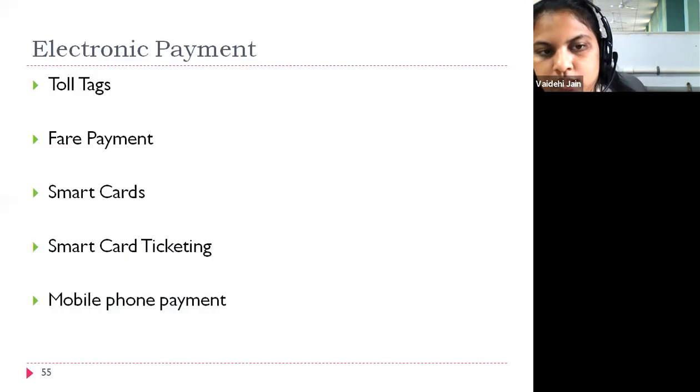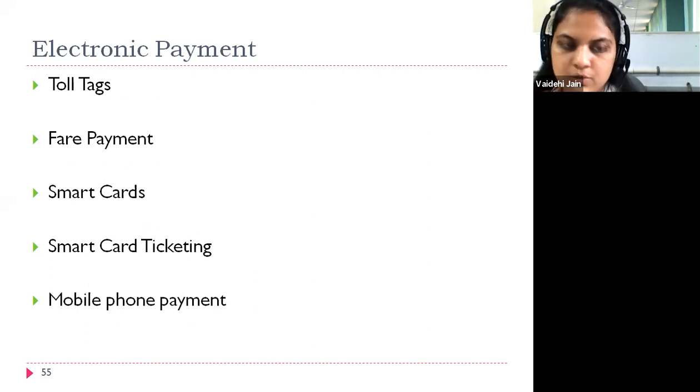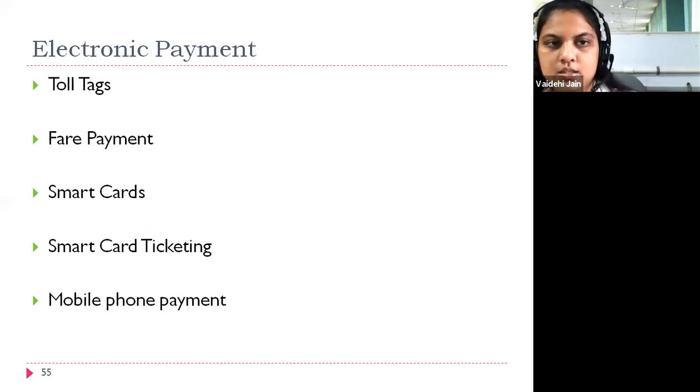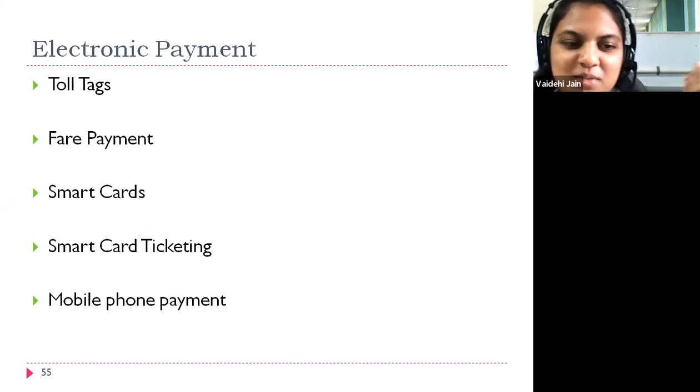Now, the important part is the payment technology. If you are providing some new or innovative system, obviously the payment will come. So these are the modes of payment by which you can pay for the technological system: the toll tax, the fare payments, the smart cards, the mobile phone payments.